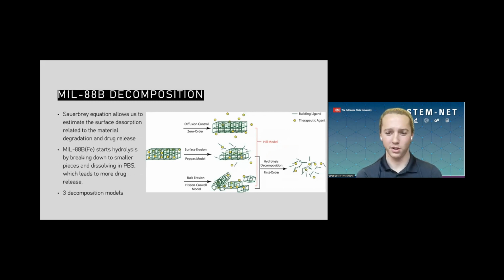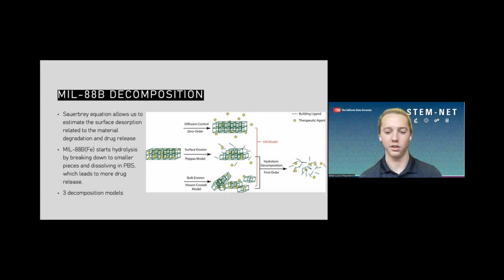There are three methods by which MIL88B degrades in solution. The first level of degradation is diffusion control and is a zero order reaction. Here, ibuprofen diffuses out of the metal organic framework structure into solution, leaving rapidly. The second level of degradation is surface erosion.